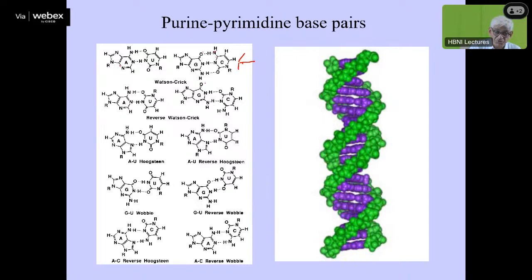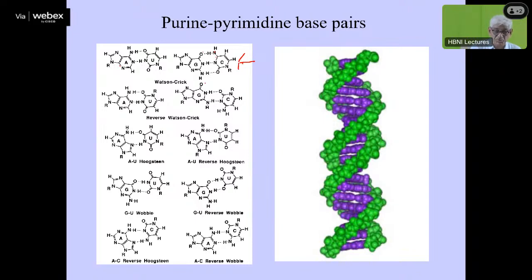The NH2 group which is present here has come down here. The oxygen is switched to the other side, and it forms a hydrogen bond here. So in this case, the GC pair also has 2 hydrogen bonds. AU has 2 hydrogen bonds, GC also has 2 hydrogen bonds.